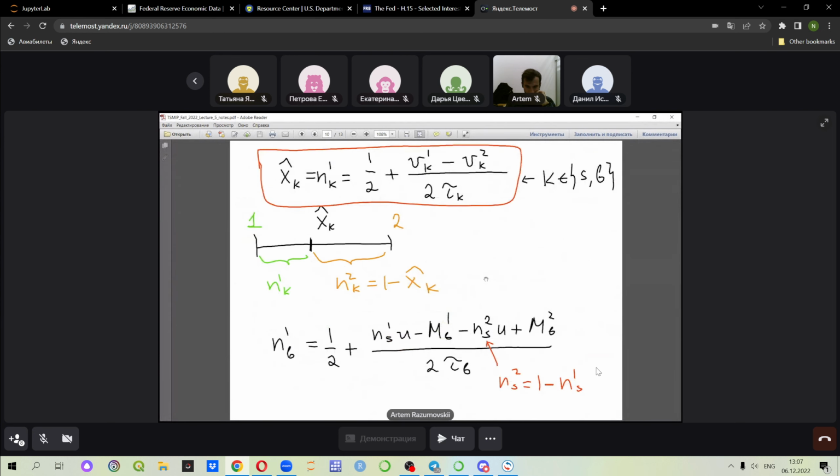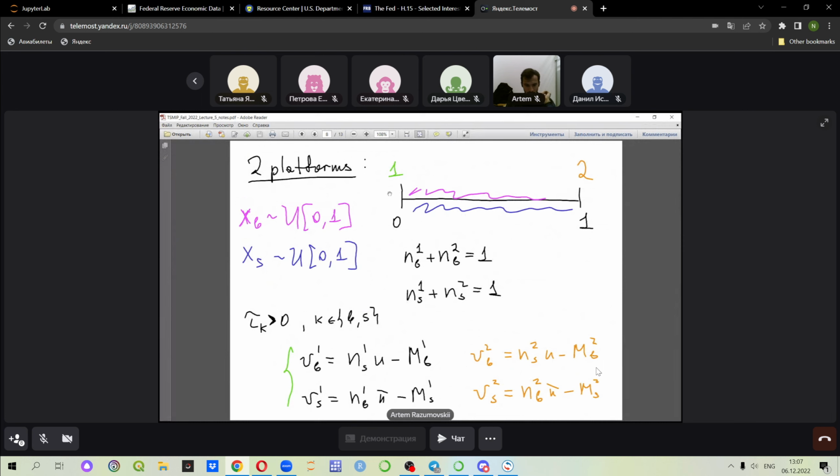Yeah, so we were talking about the two platforms, which are located at points 0 and 1. And then we have buyers and sellers, which are distributed on the interval from 0 to 1 as well. They have different preferences according to their distance to platform 1 and 2. So it's like a model of a linear city.